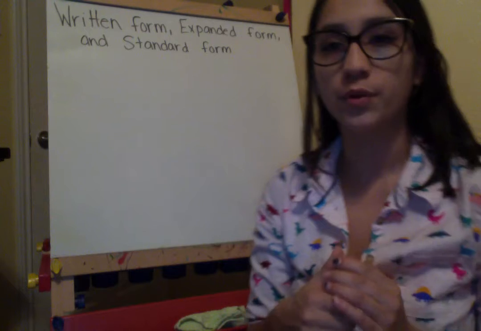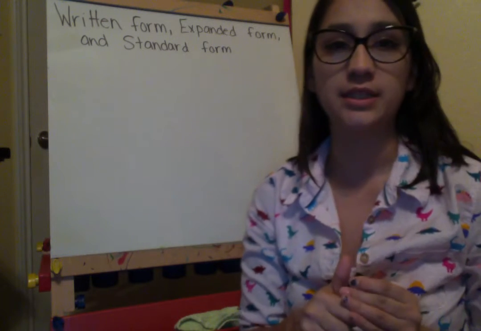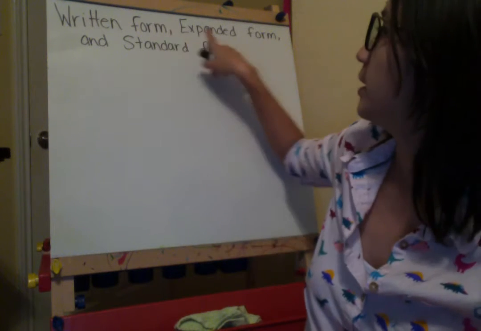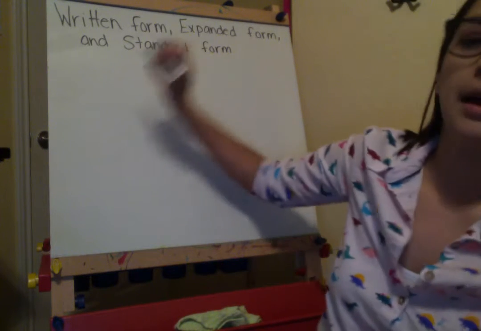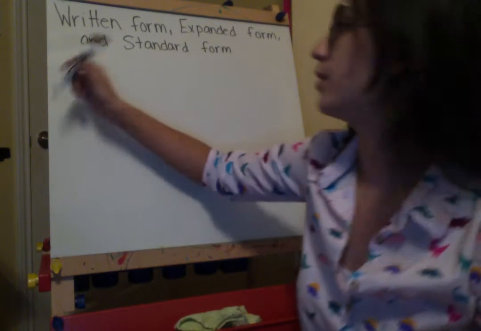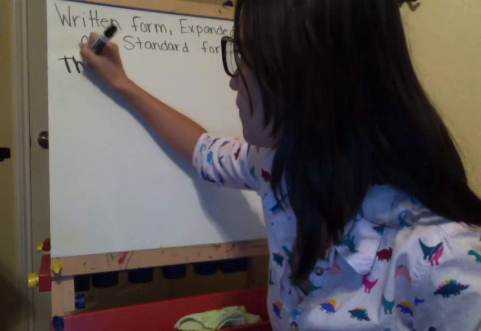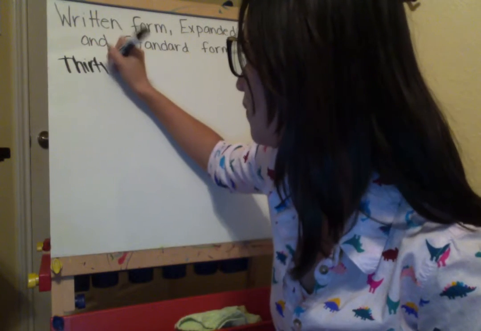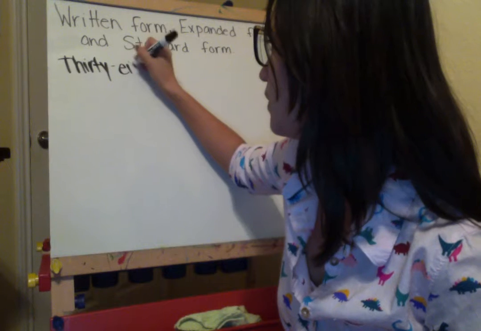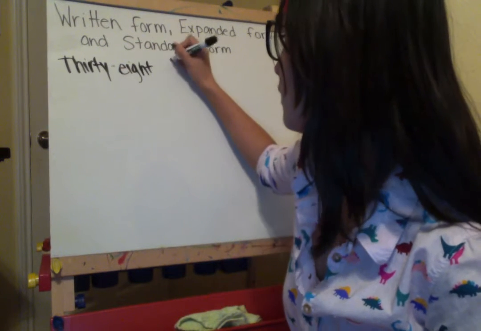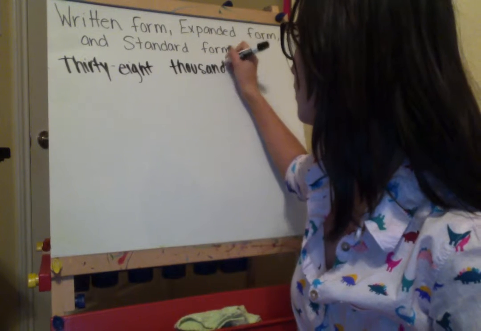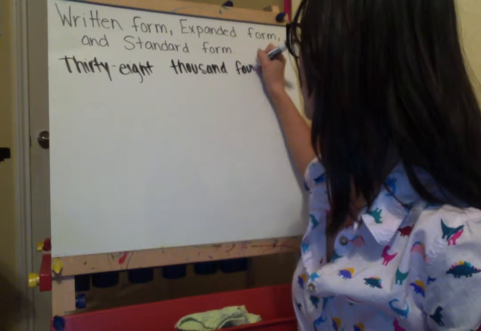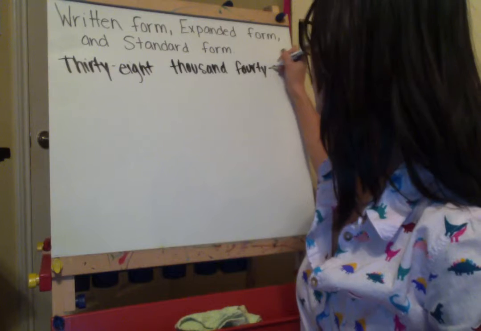So for the first number, I'm going to work on changing from written form to expanded form and standard form. I'm going to start with 38,044.